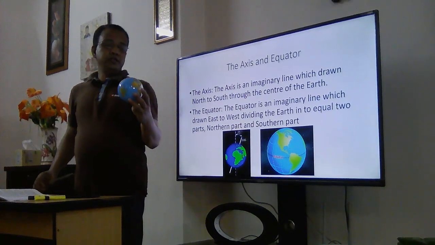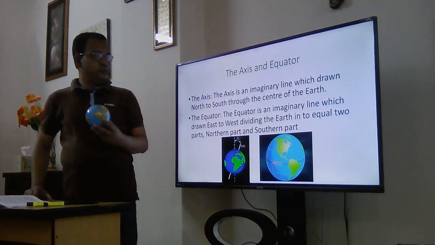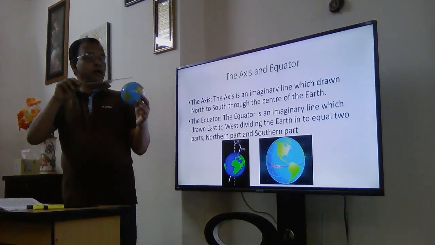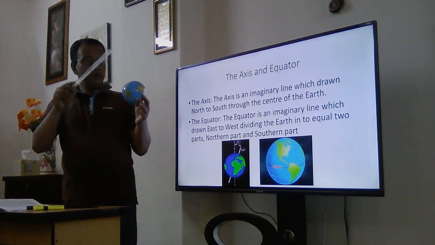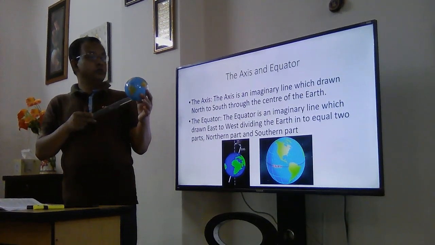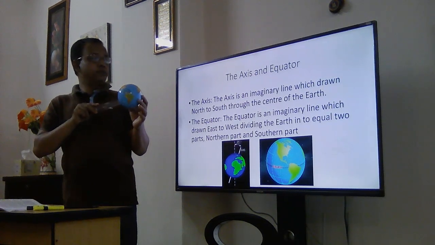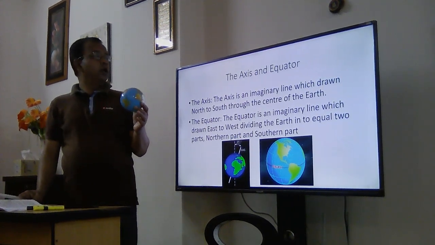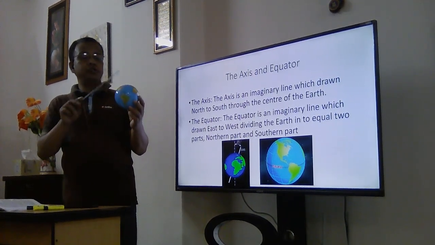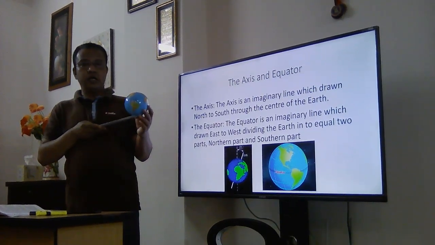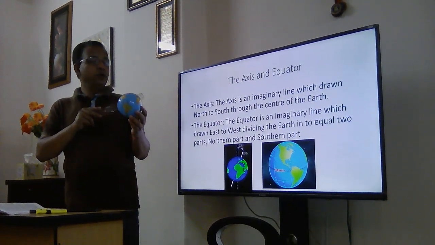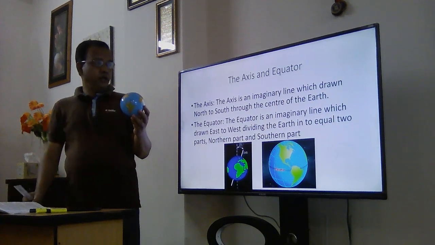If you study any map or globe, the upper portion is north, the lower portion is south, the right side is east, and the left side is west.